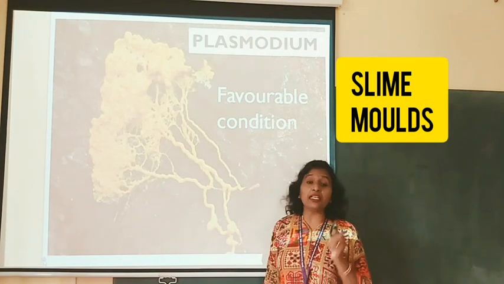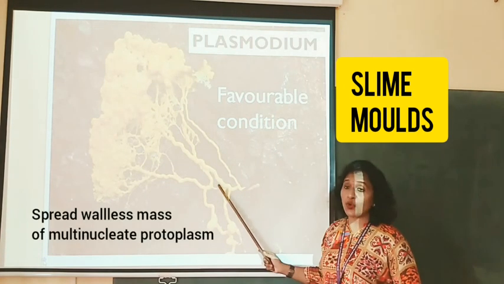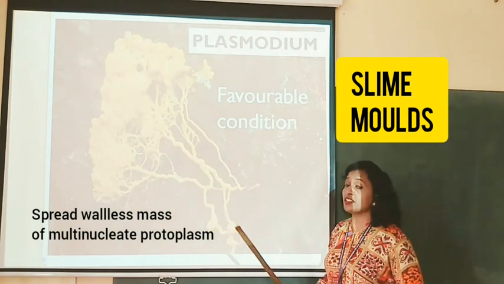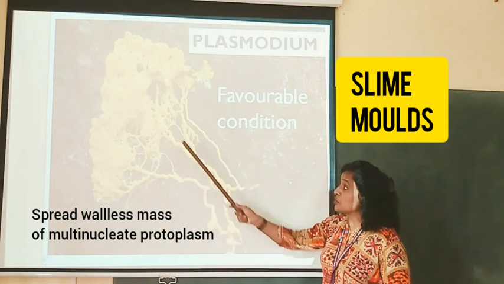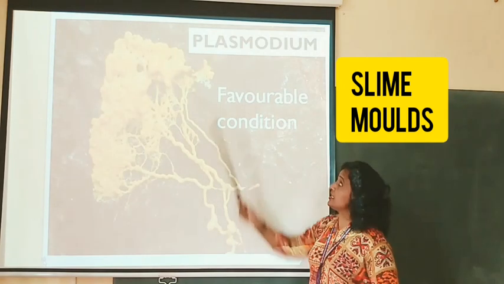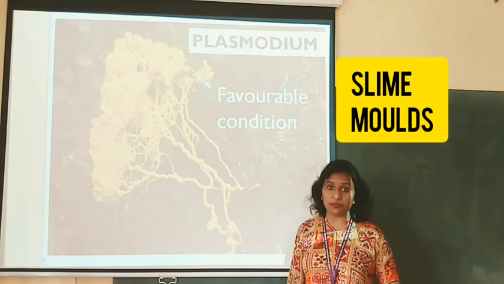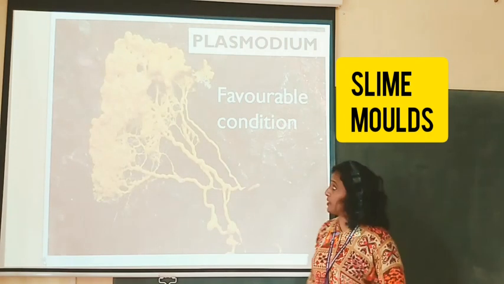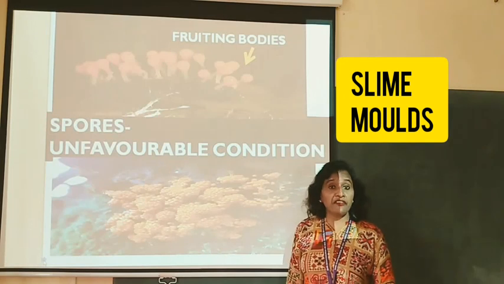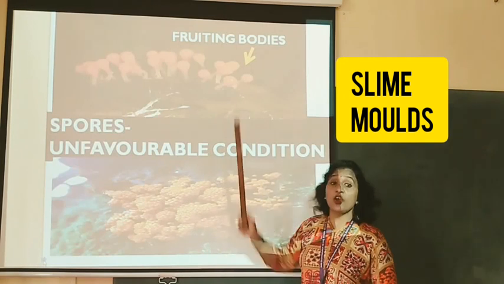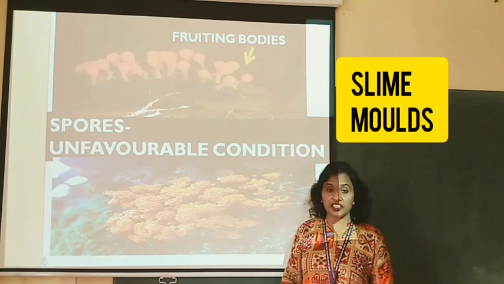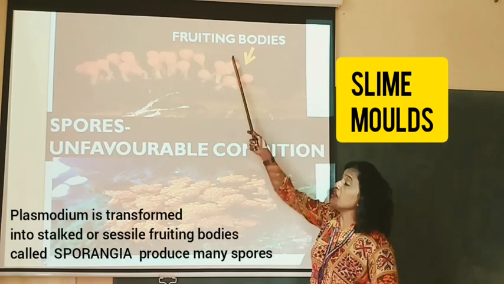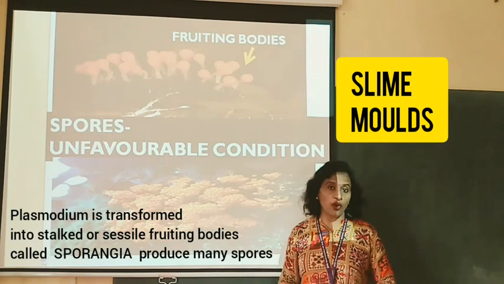During favorable conditions, these slime molds multiply very fast and grow to several feet. This condition is called Plasmodium, wherein rapid growth of these organisms takes place. Under unfavorable conditions, these organisms get differentiated, or we can say they change themselves in such a way that they form fruiting bodies.